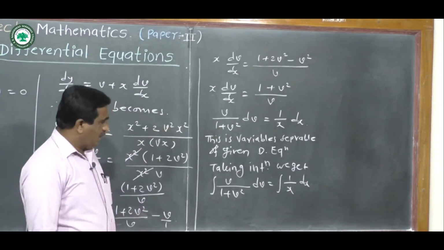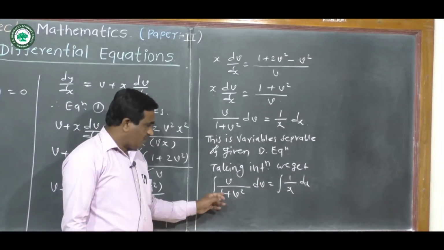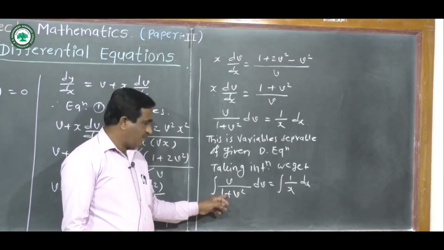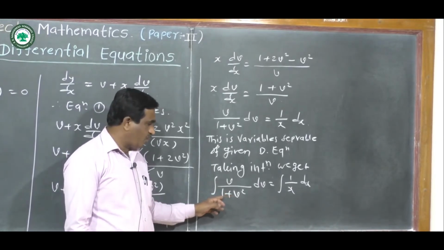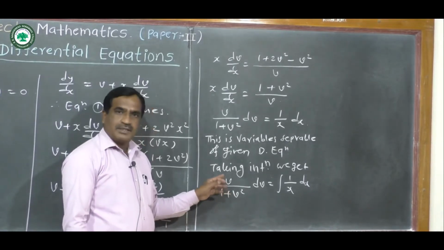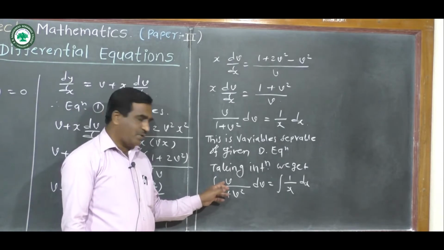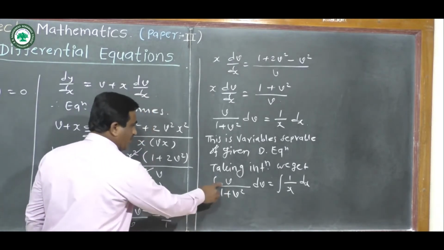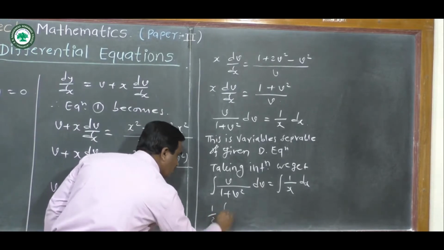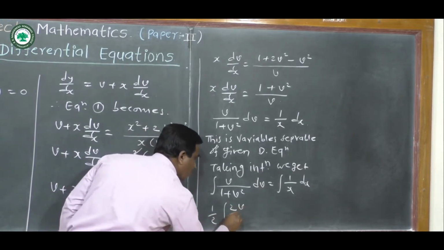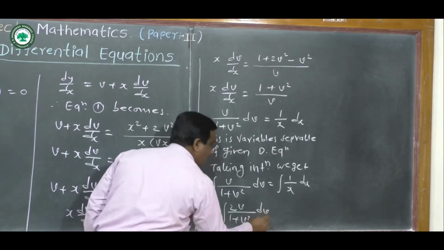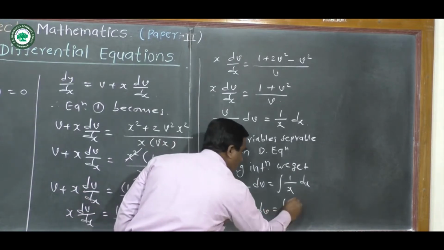Okay. Now here we want the derivative of the denominator at the numerator. Derivative of the denominator: derivative of 1 is 0, derivative of v square is 2v. Therefore we want here at the numerator 2v. Therefore multiply numerator and denominator by 2 here. 1 by 2 into integral 2v upon 1 plus v square into dv is equal to integral of 1 upon x into dx.